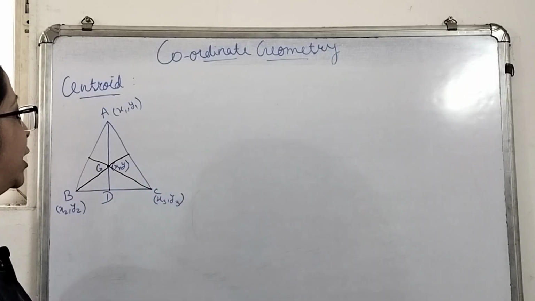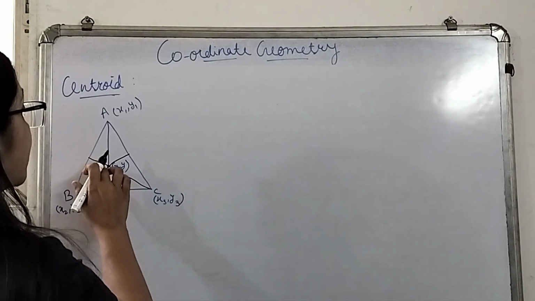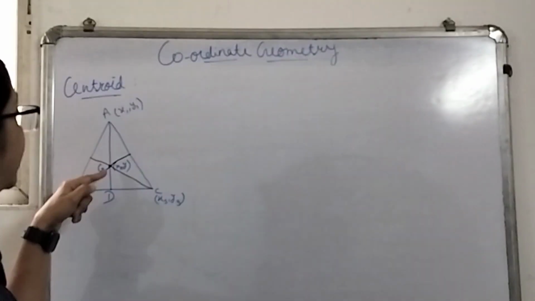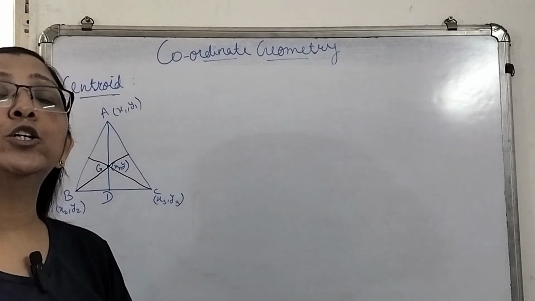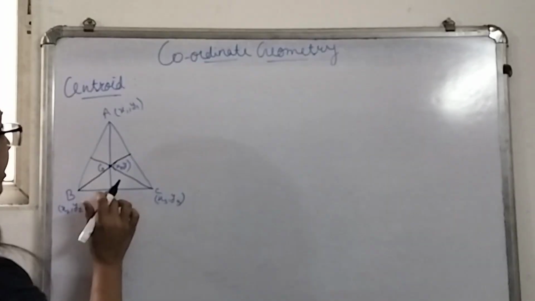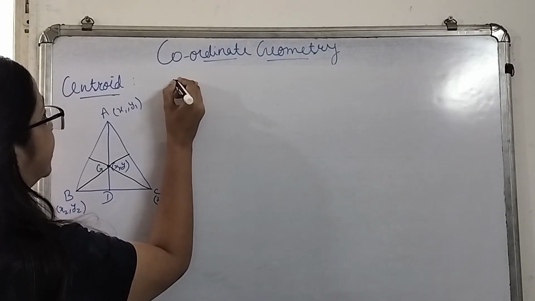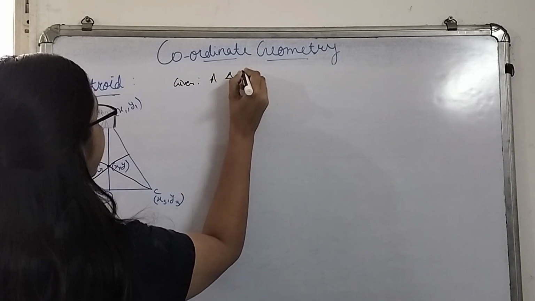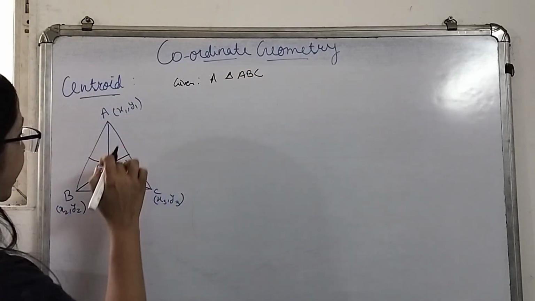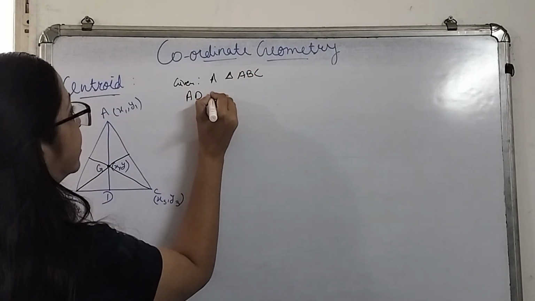Now how to find the value of your x, y? This is one of the properties: the centroid divides the median into the ratio 2:1. Now here, suppose we have taken a triangle ABC in which AD is median.